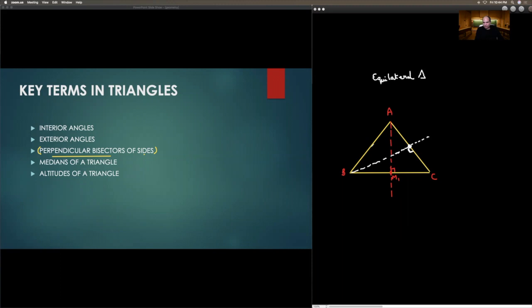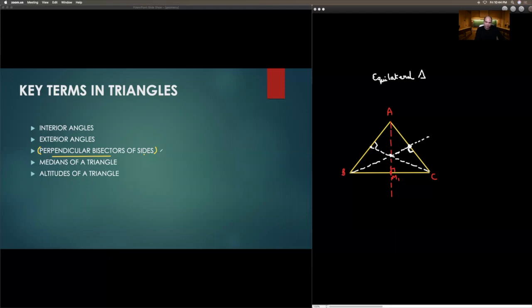And likewise, the third perpendicular bisector comes from here. And you'll also notice that whenever you draw the perpendicular bisectors of the sides of any triangle, not just equilateral, they'll always intersect at a single point. They'll always pass through a single point. That's a property that all triangles will have. But more on that later.